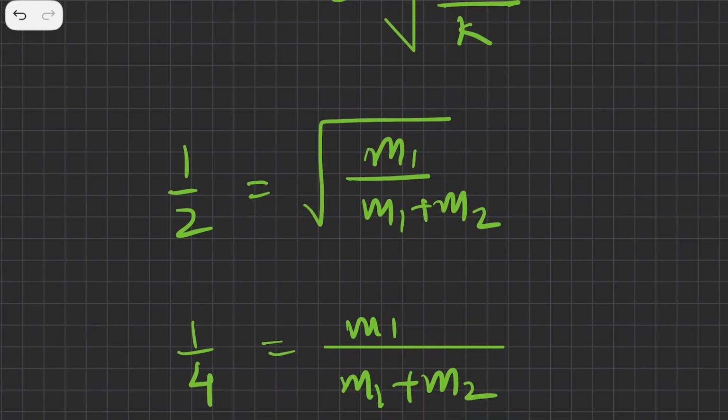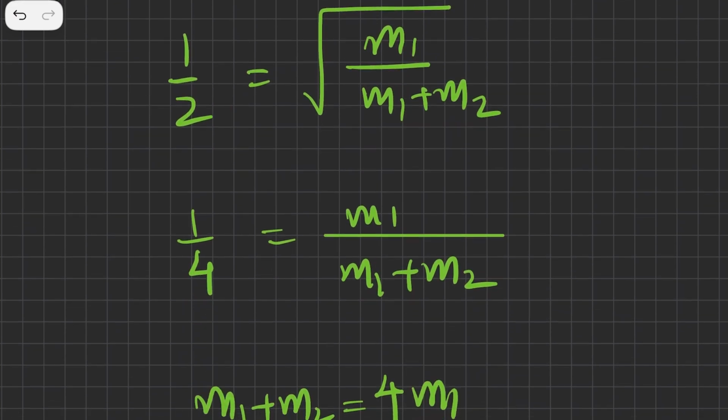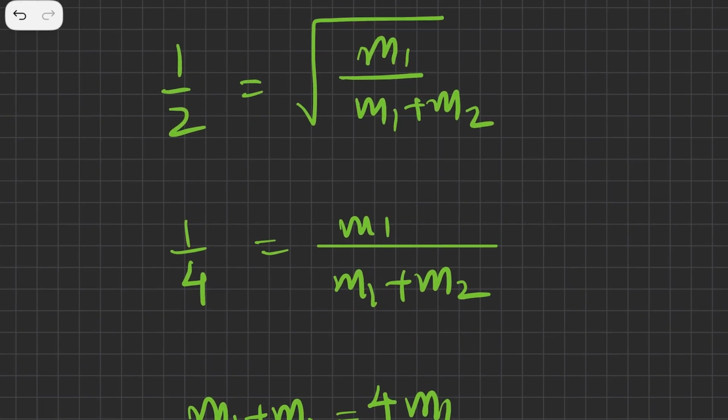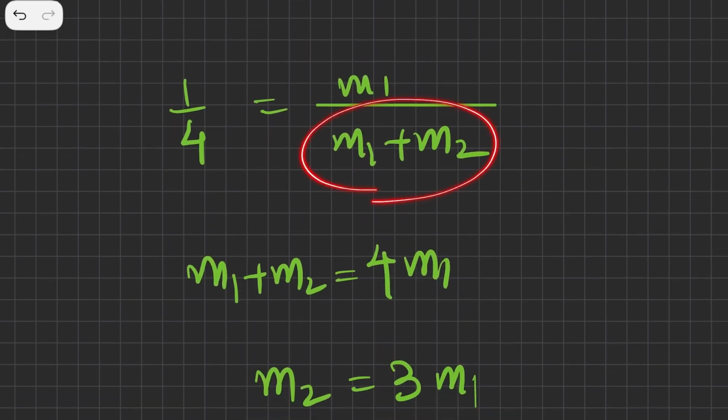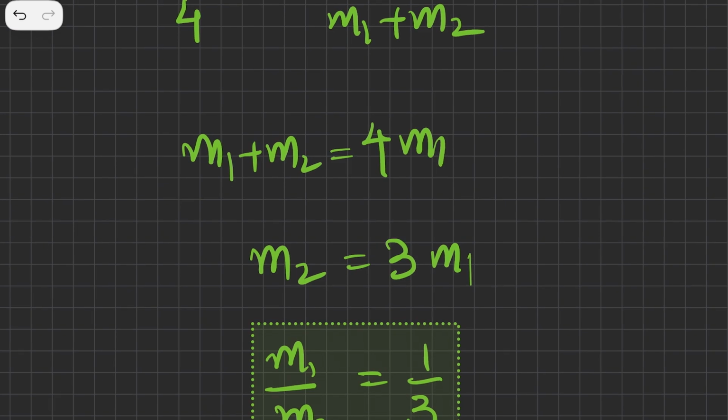Now I'll square this. 1 square is 1 and 2 square is 4. So 1 upon 4 equals m1 upon m1 plus m2, because when you square it, the square root and square get cancelled out. Now take this term on this side and this term on that side. So you get m1 plus m2 times 1 is m1 plus m2, and 4 times m1 is 4 m1. Now take the m1 terms on this side, so plus m1 becomes minus m1.